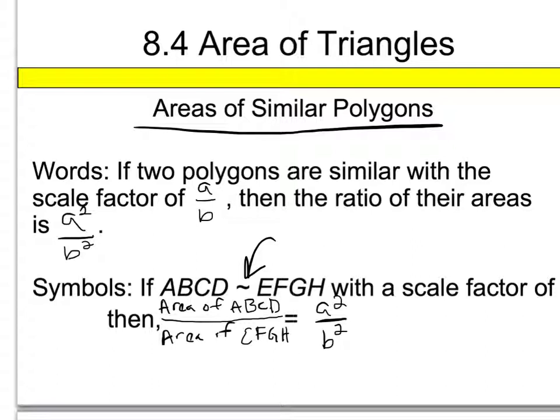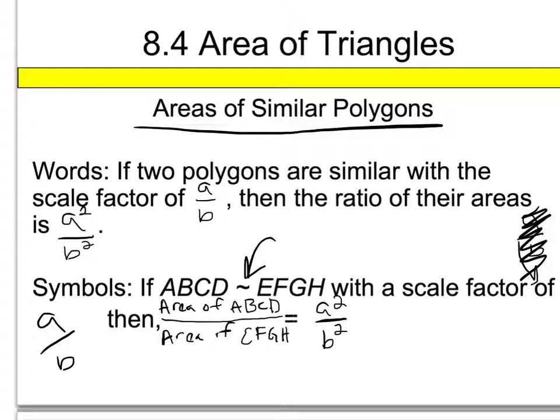Our scale factor, I did not put this in, our scale factor of A over B. Okay, then, whoops, that is not supposed to go there, it's supposed to go here. There we go. Scale factor of A over B, then the area of ABCD over the area of EFGH is A squared over B squared.